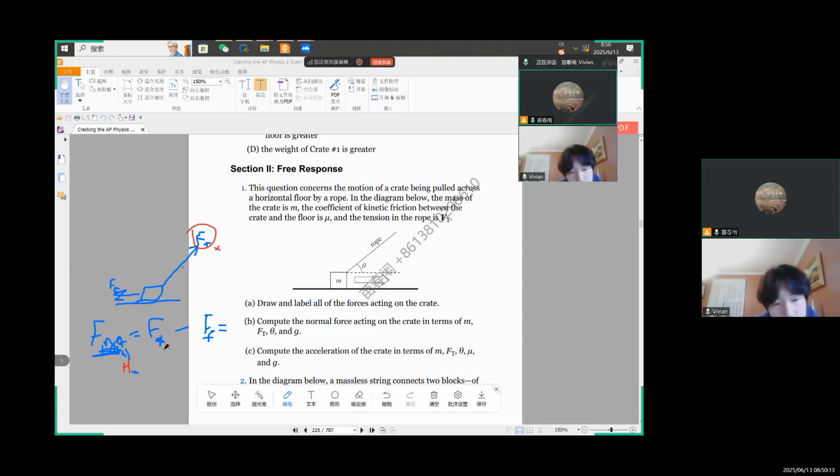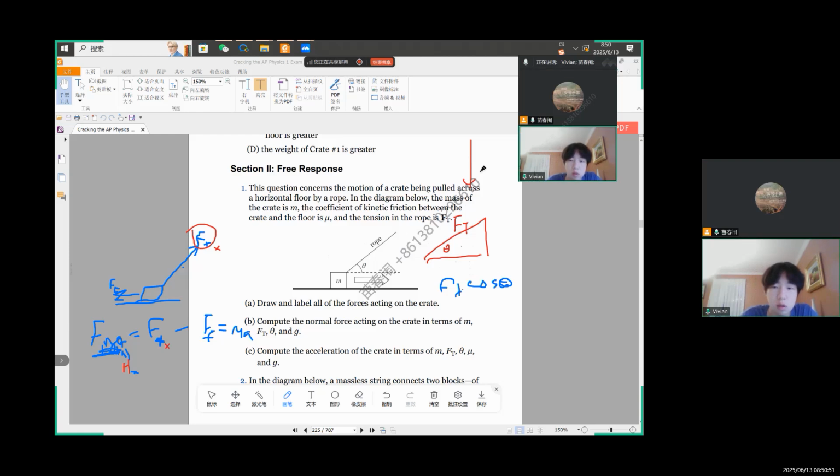Now, what's FTx then? FTx is the horizontal component. So we can draw this one, mg again, and cosine. Technically it's not mg, because what you drew is FT with theta, so it's FT cosine theta. Yeah, that's why I said draw a lot of diagrams, otherwise we'll keep forgetting about this.